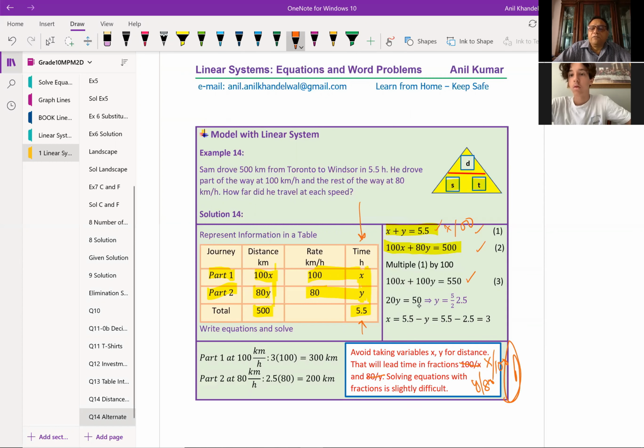Now taking away equation 2 from equation 3, 100x and 100x cancel, and 100 minus 80 is 20y. 550 minus 500 is 50, and you can divide 50 by 20 to get your answer, which is 2.5. So y is 2.5.